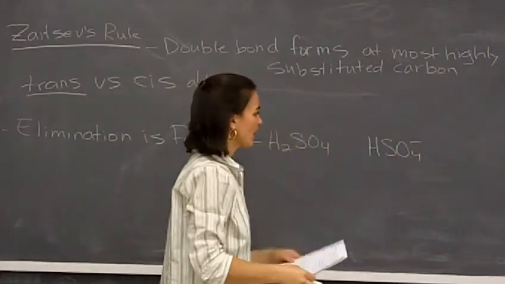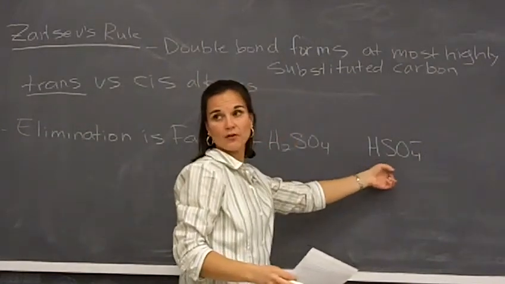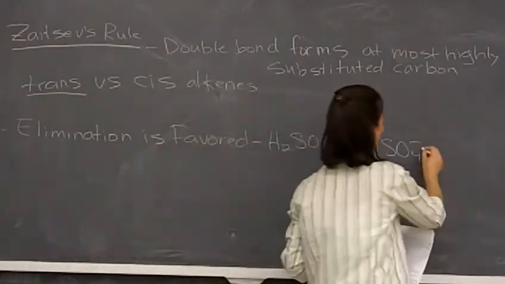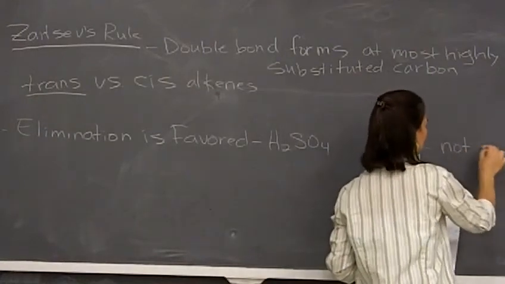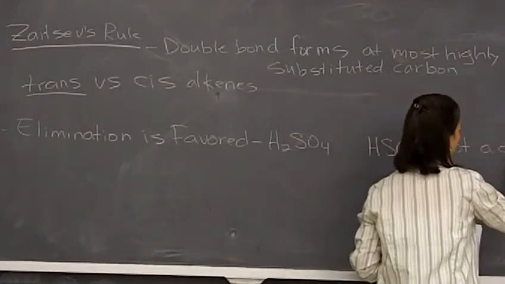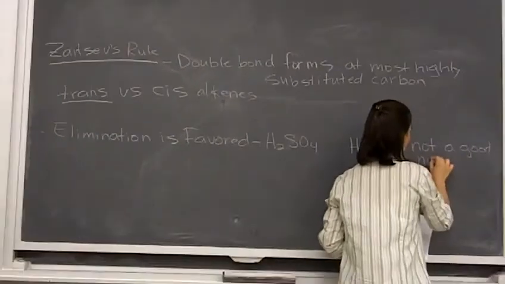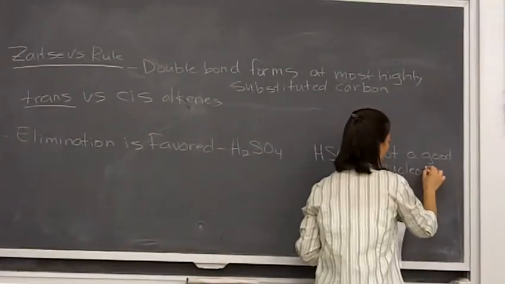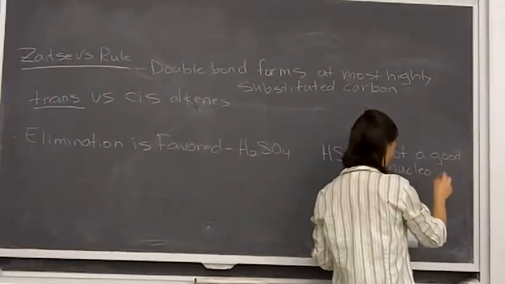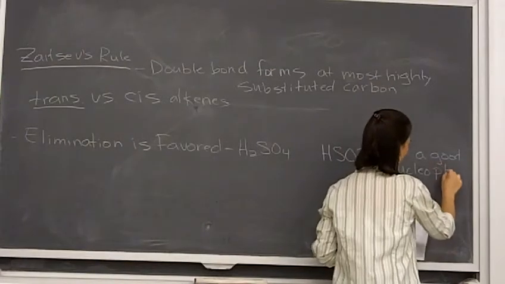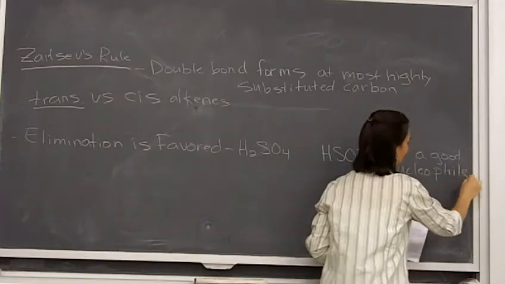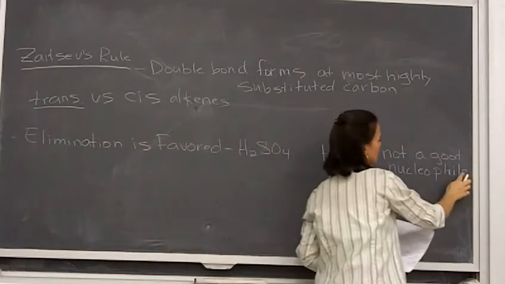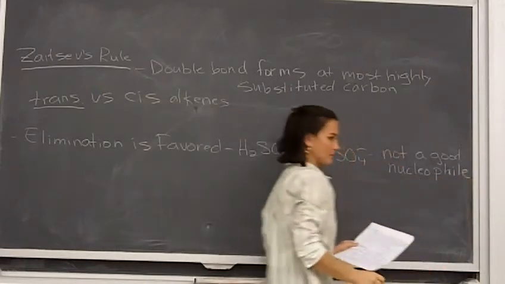Okay? This is not a good nucleophile, and that's really important, okay? It gives a weak base, and it's not a good nucleophile. That is important because we want it to only give elimination. We don't want to see substitution, okay?